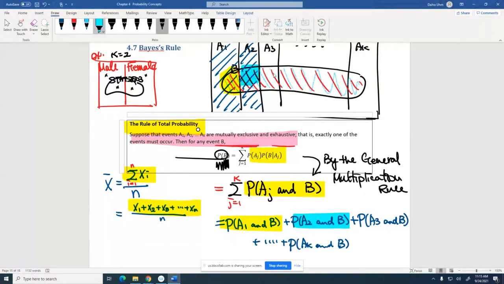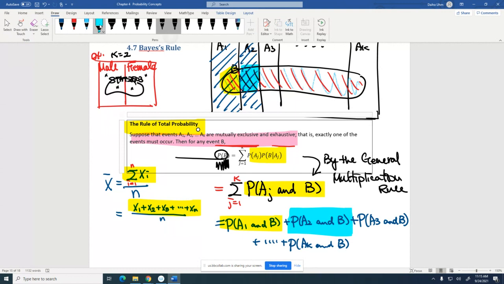I mean here. The second term, the probability of A2 and B, that is the second common area. When I take the third one, A3 and B, in the middle, right?